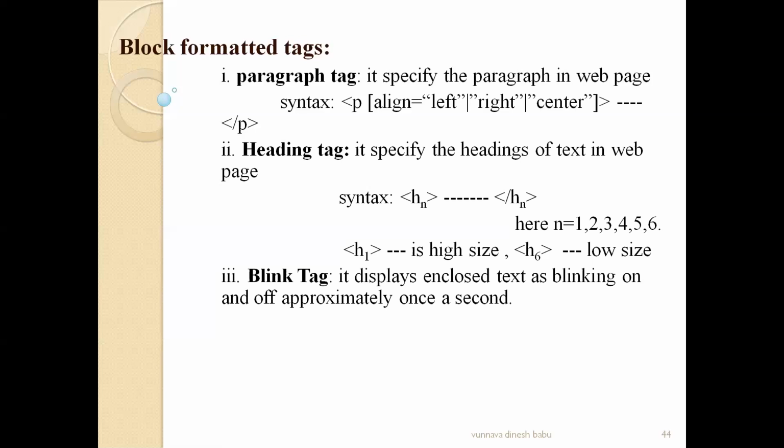This is called blinking of text. So if we want some text to blink, we can use this blink tag. The content between the start blink tag and end blink tag will be on and off approximately every 1 second.